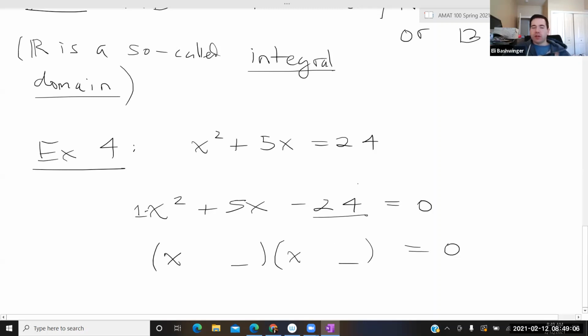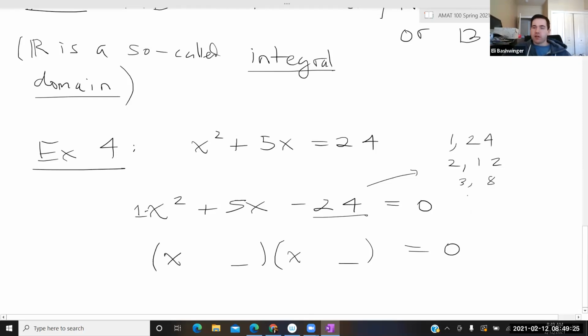If you think about that a little bit, you can look at factors of 24. That's 1 and 24. That would be 2 and 12, and then 3 and 8, or 6 and 4, yeah, sorry.